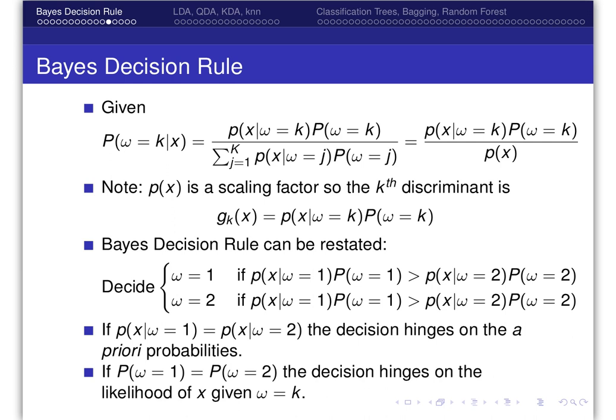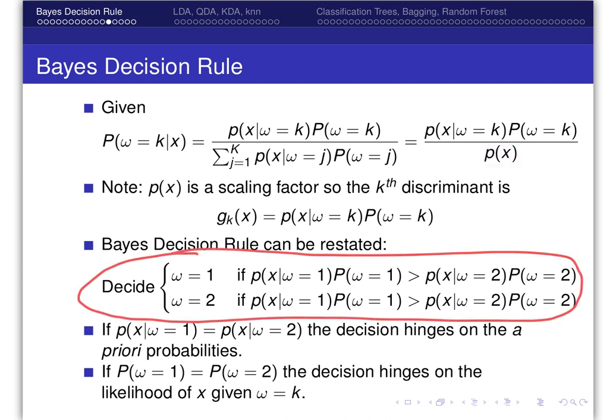Notice that in the formula for the posterior probability, the denominator will be the same for all k classes. Therefore, P of x is a scaling factor that can be omitted when using this posterior probability in a decision rule. That is, we could equivalently decide that omega equals 1 if the numerator for class 1 is greater than or equal to the numerator for class 2, or decide that omega equals 2 otherwise.